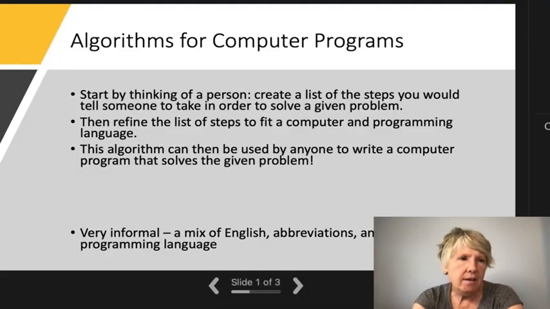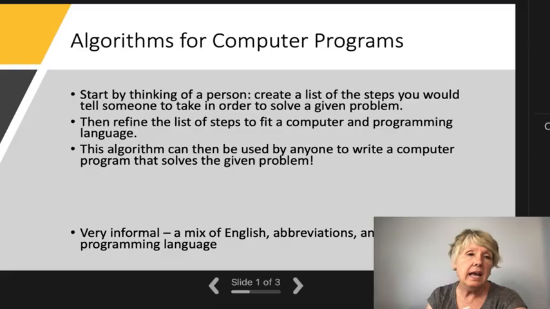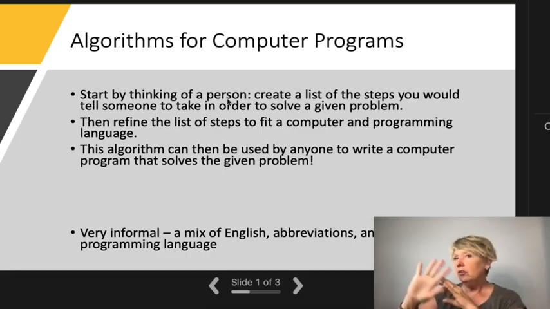Okay, so now we're going to look at algorithms specifically for computer programs, which is how you're going to be using algorithms in class. So when you're writing an algorithm for a computer program, the first thing you do is start by thinking of a person. Don't think about programming, don't think about computers.